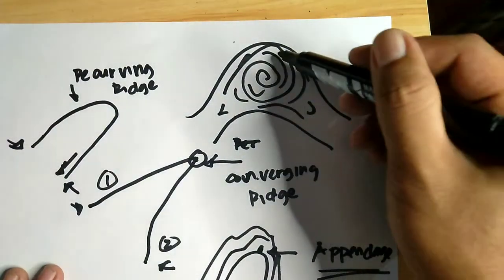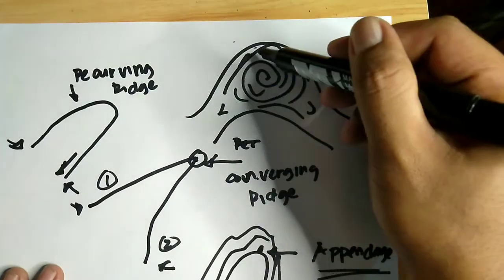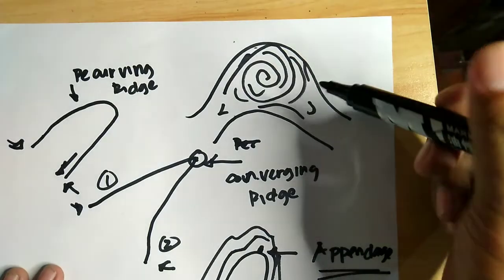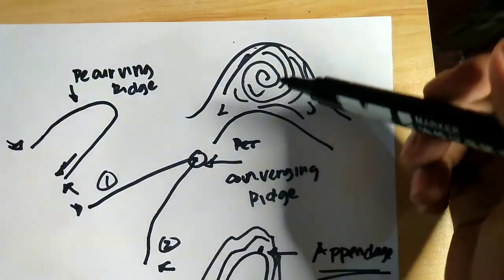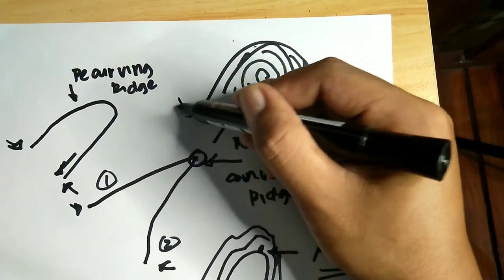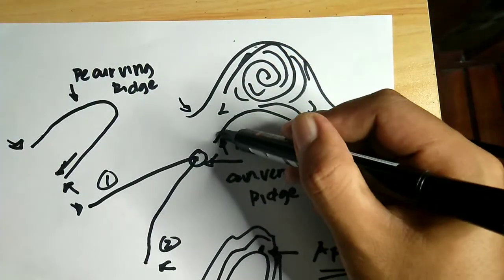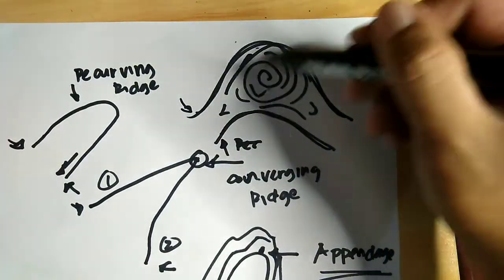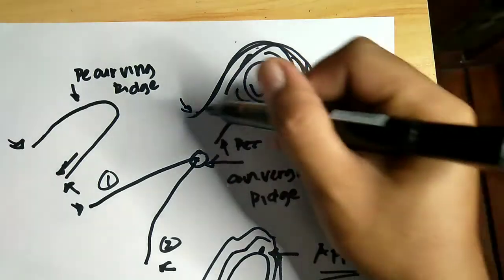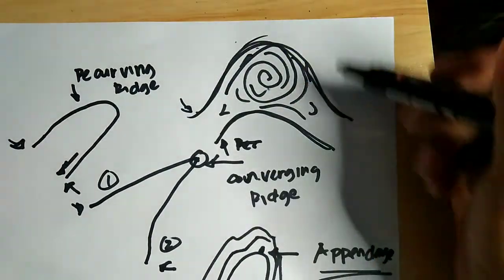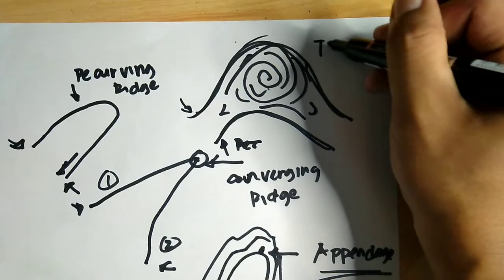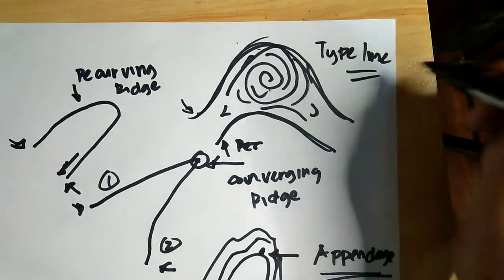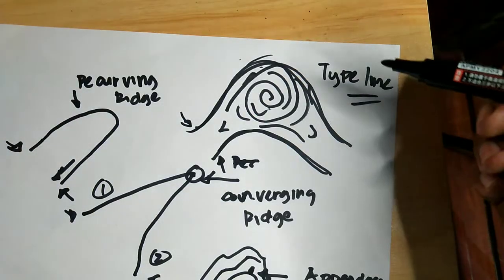So asan yung fingerprint pattern area natin? Ito, guys. Yung nag-enclose doon is this ridge and that ridge. Sila yung nagkulong doon sa ating pattern area. So itong ridge na ito, itong pumapalibot sa ating pattern area, is known as the type line. Okay? So that's for the type lines.